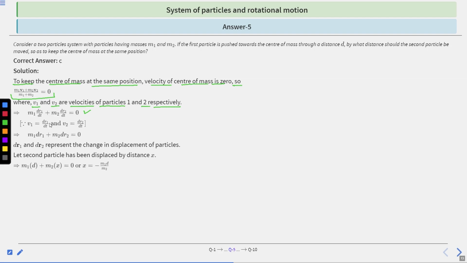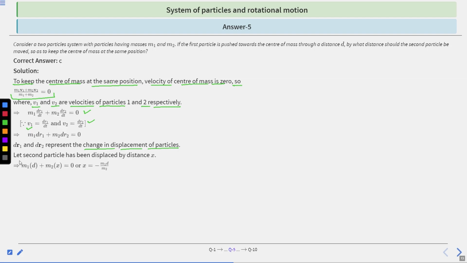Here dr1/dt is v1 and dr2/dt is v2. So m1 dr1 plus m2 dr2 is equal to 0. dr1 and dr2 represent the change in displacement of the particles.